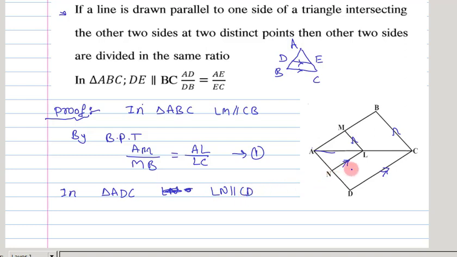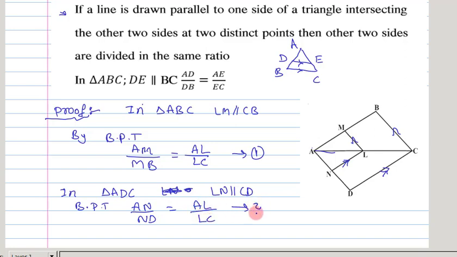So again, by the basic proportionality theorem, we can write that LN divides the two sides AD and AC in the same ratio. What is that ratio? AN by ND is equal to AL by LC.